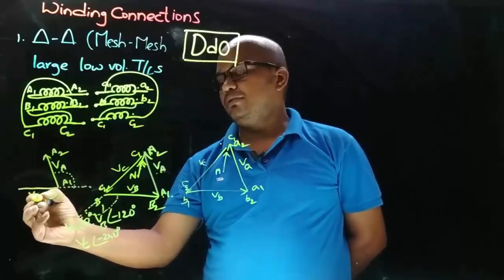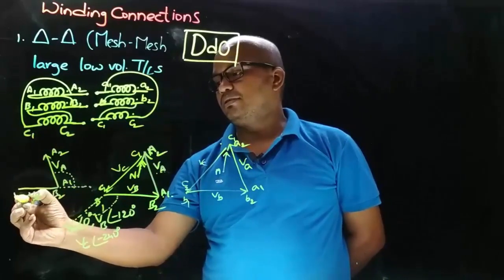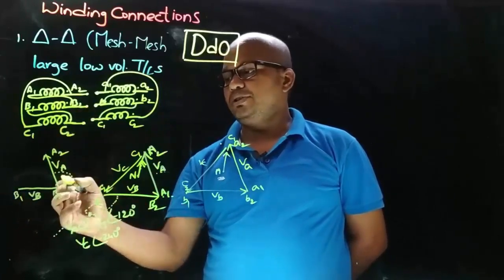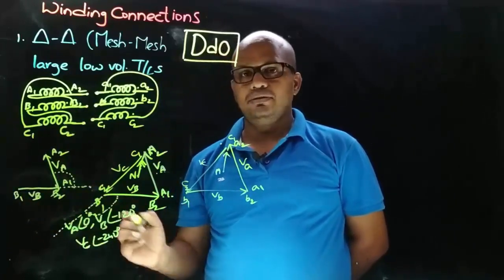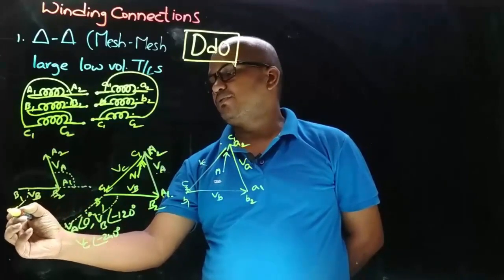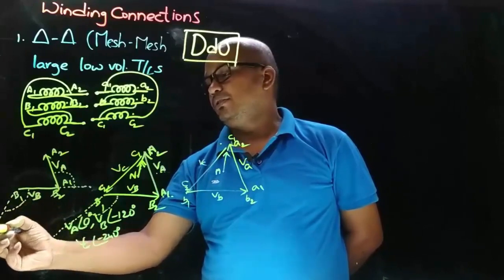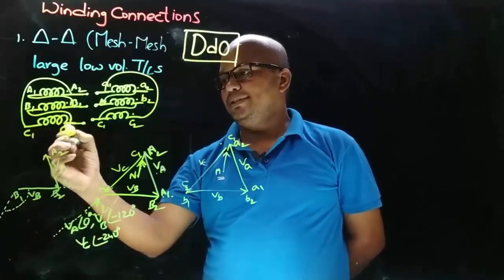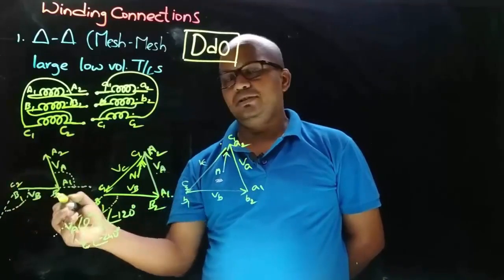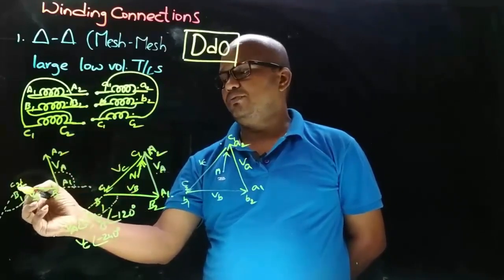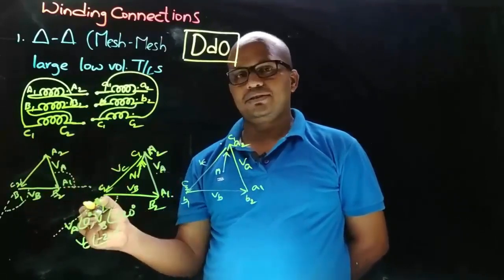This is the VB phasor, and here we need to decide the direction. So B2 is the connection we took from, so this is B2, and similarly from the VB phasor at an angle minus 120 there will be VC. Okay, so to B1 C2 is connected, so the C2 terminal will be here, and here C2 is the connection we took from, so the C2 phasor will be like this.